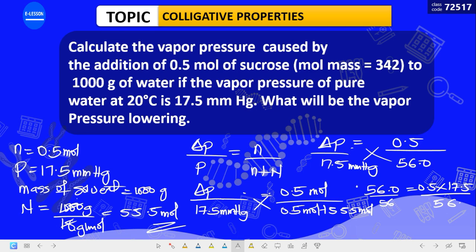Of course, we know this is change in P. When this cancels this, we have 0.5 times 17.5, which is 8.75.